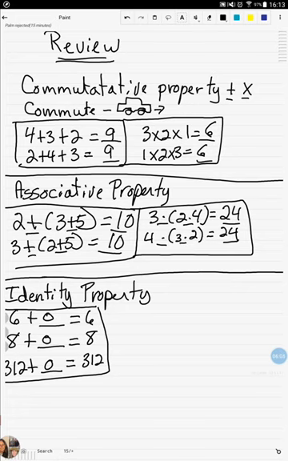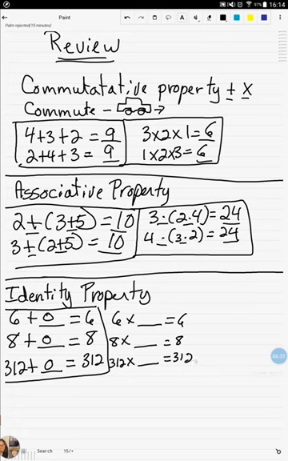Now, when it comes to multiplication, the property has the same result, right? We want the number to keep its identity. 6 times what equals 6? 8 times what equals 8? 312 times what equals 312?